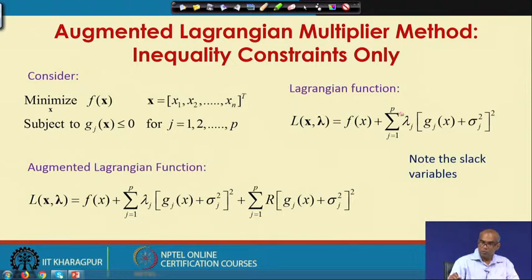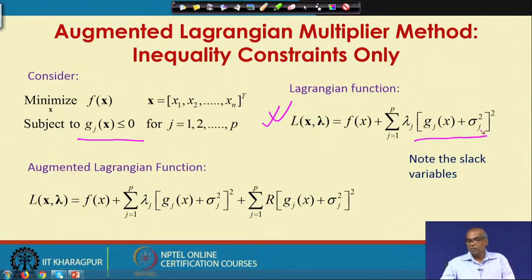So, we can formulate the Lagrangian function. To formulate the Lagrangian function, you first convert the inequality constraints, which are all less or equal to type, to equality constraints by adding a non-negative slack variable sigma j square to each inequality constraint.